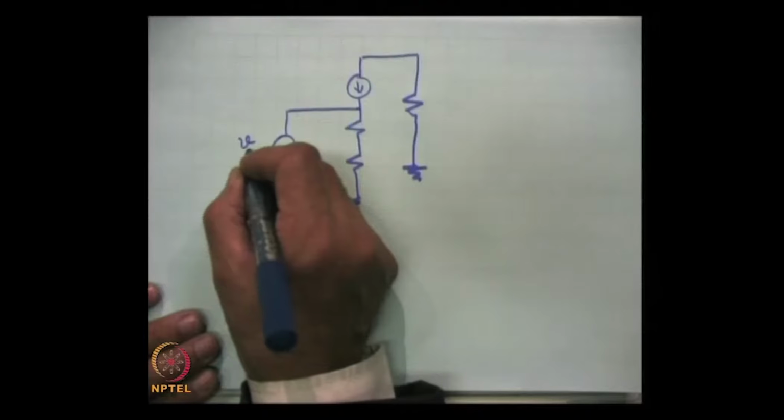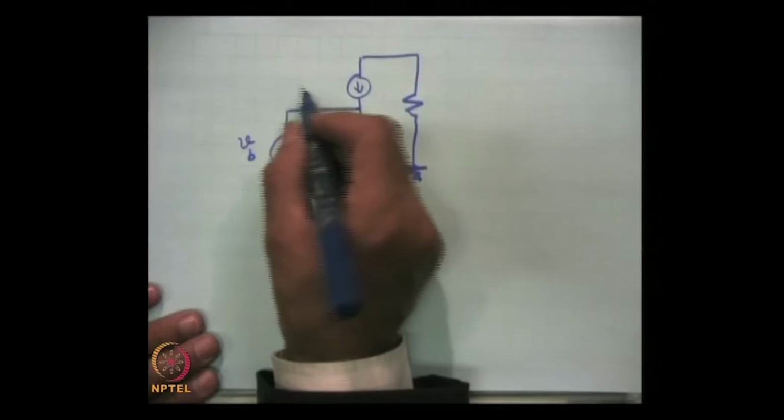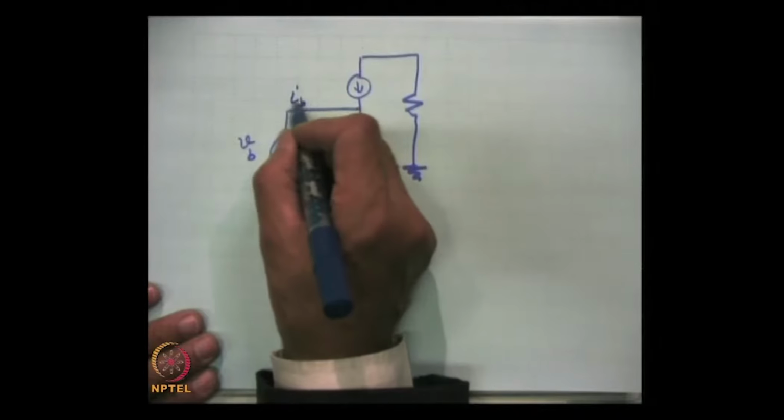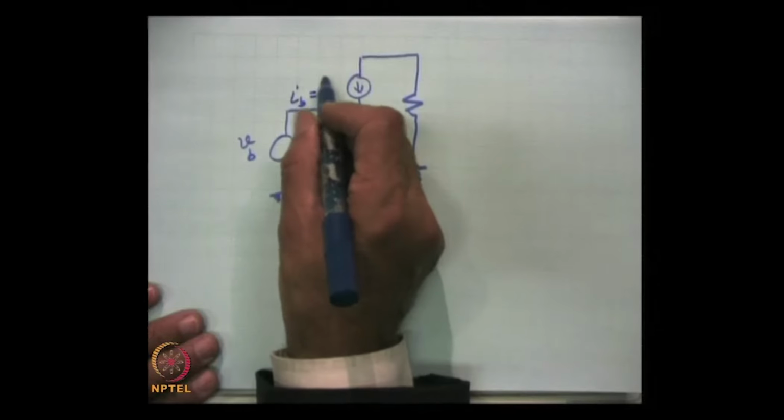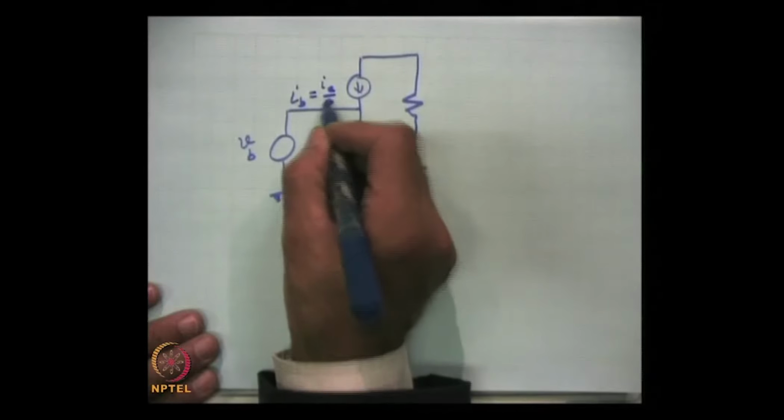We send a signal V B, and here this is I B, which you know is equal to I E by beta.